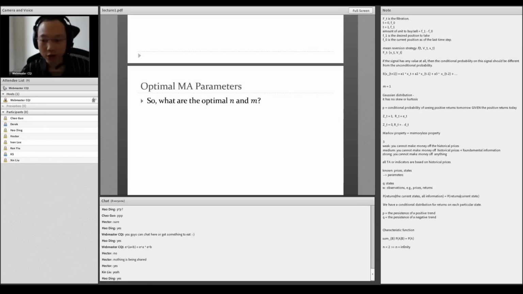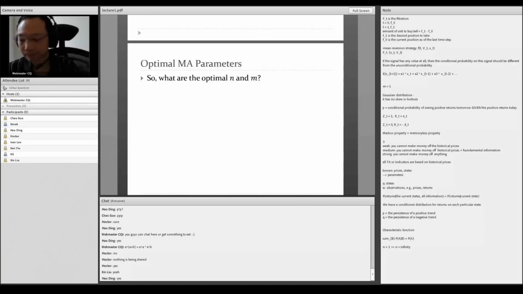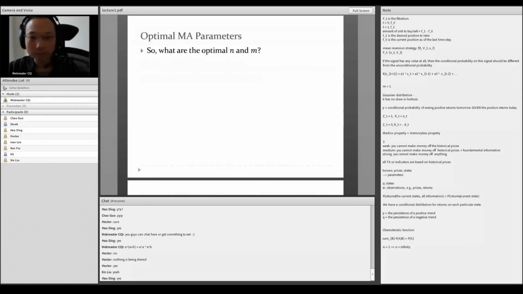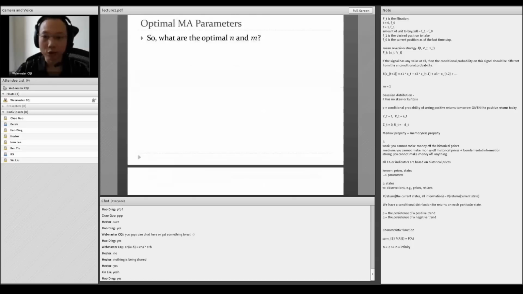What is even more surprising is that this conclusion carries over to all the other linear technical indicators, as we are going to show you. So in this last session we are going to show you that for all the linear technical indicators, the less information that you use, the more money that you are expected to make. We are going to do a mathematical analysis on this topic.